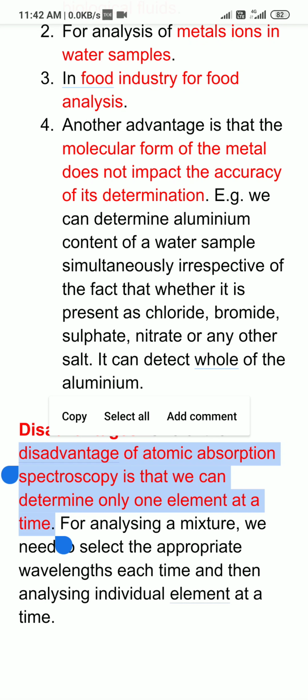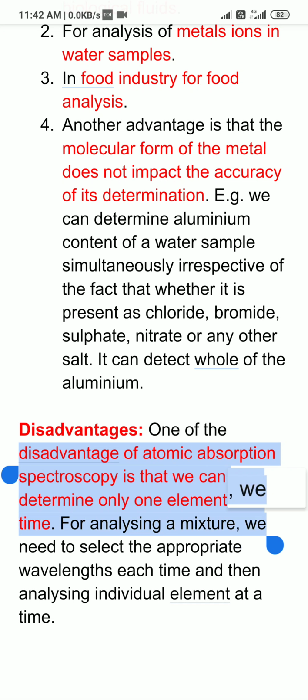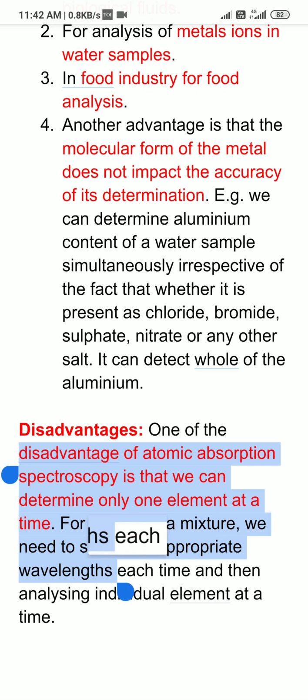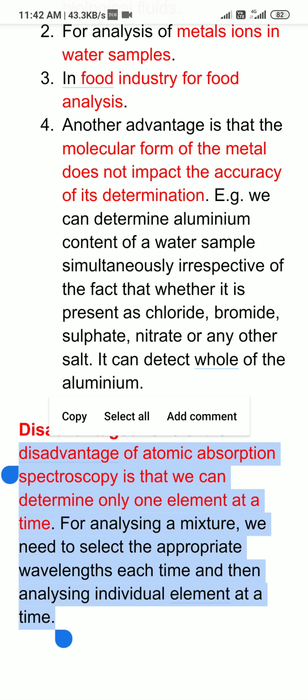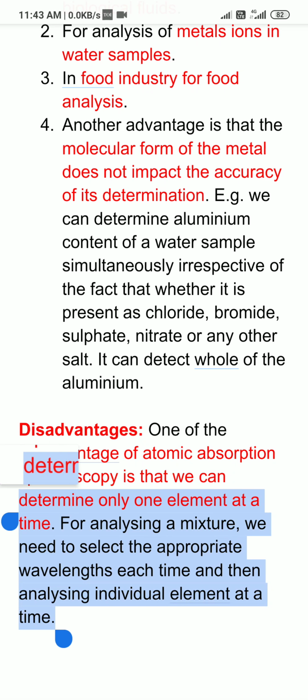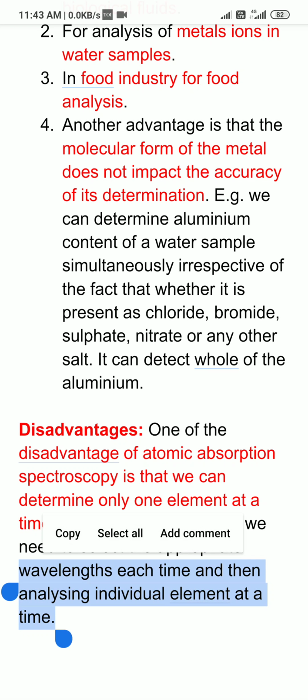So its disadvantage is that for analysis of the mixture it is not so much useful. Why? Because for analyzing a mixture we need to select the appropriate wavelength each time and then analyze individual element at a time. So we cannot determine simultaneously all the metals present in a mixture. For that we will need to study each of the individual metal at a time, so that would be time consuming.